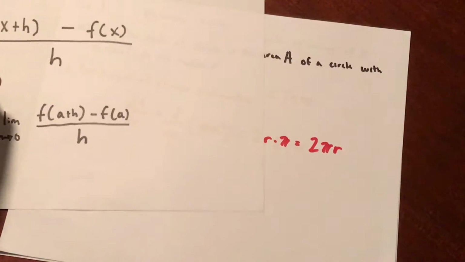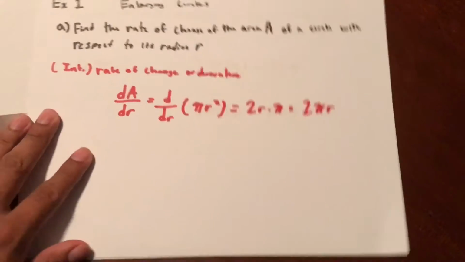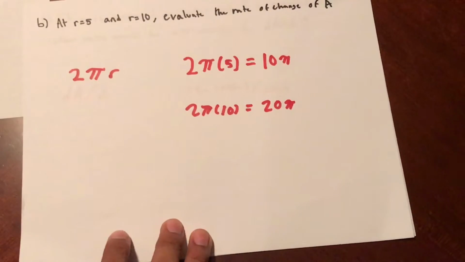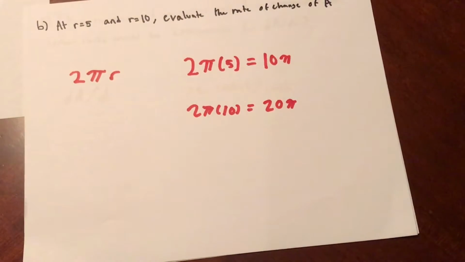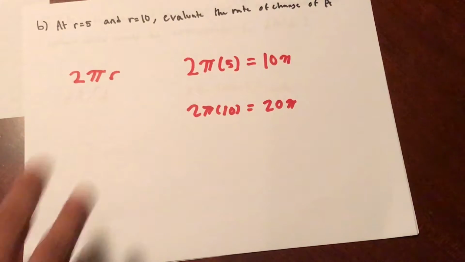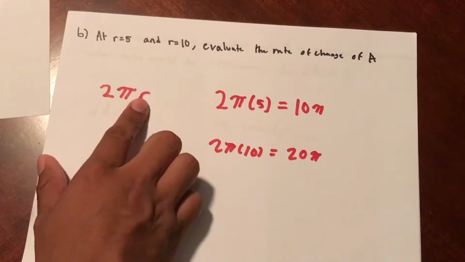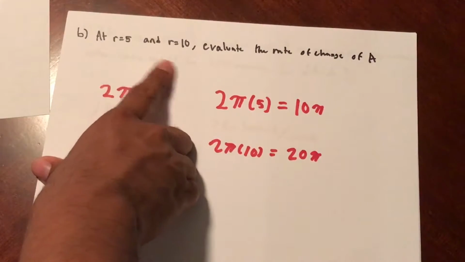Now that we found our rate of change, we go to our next step in the example. Part B. At r equals 5 and r equals 10, evaluate the rate of change of A. Basically we just need to plug in r as what's being asked, so r equals 5 and r equals 10.